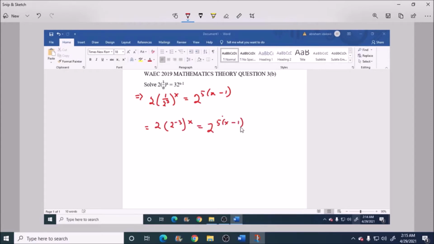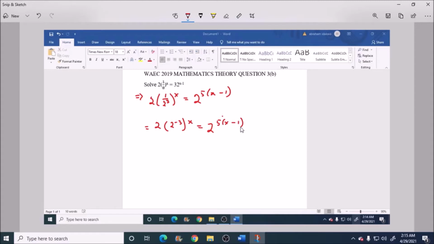This is the same thing as saying 2 into 2 to the power minus 3x equals 2 to the power 5x minus 1.